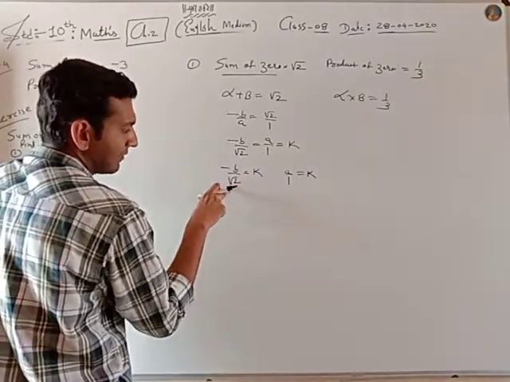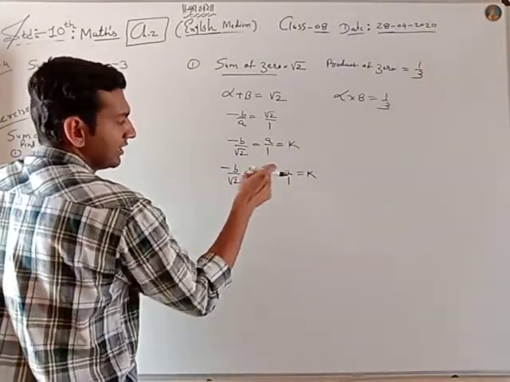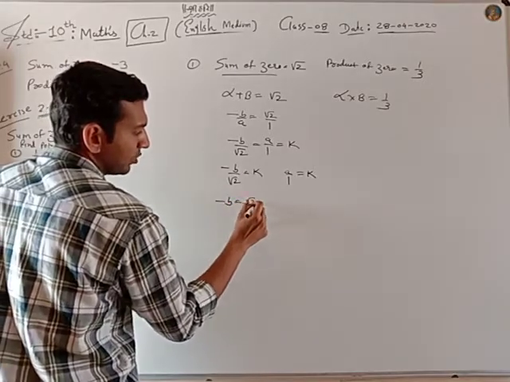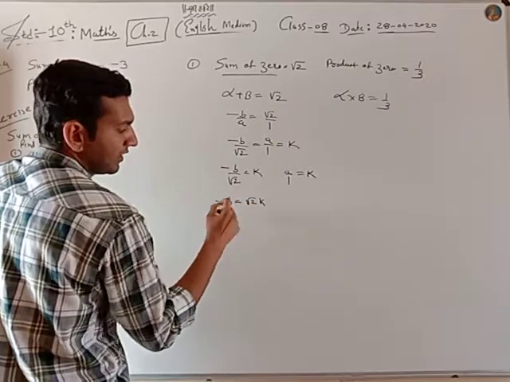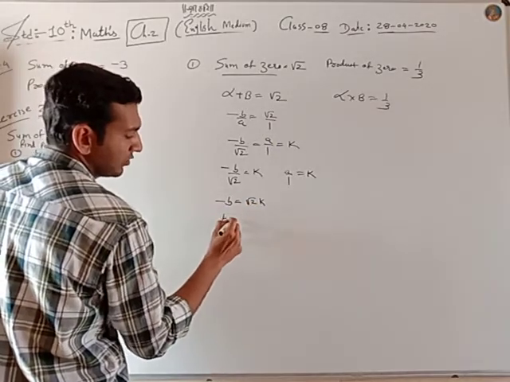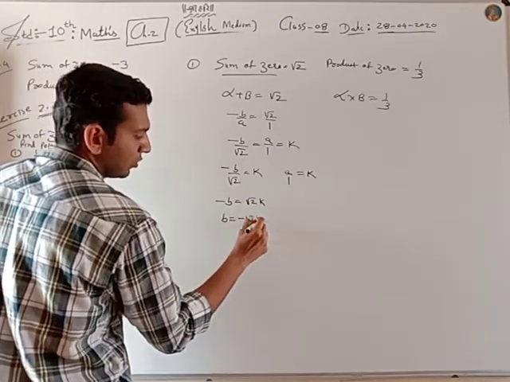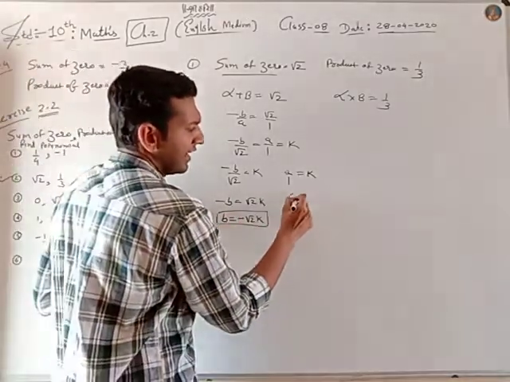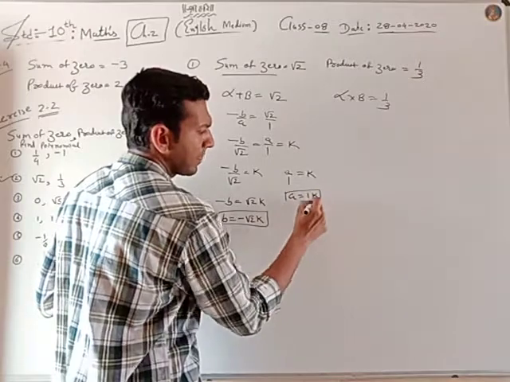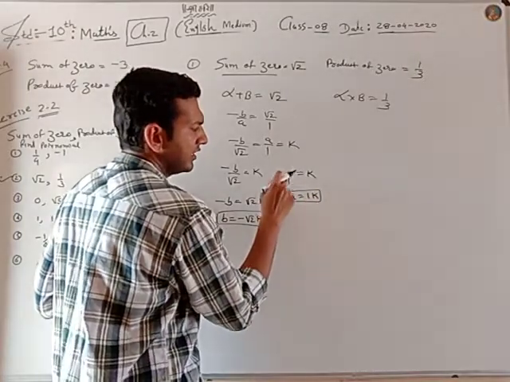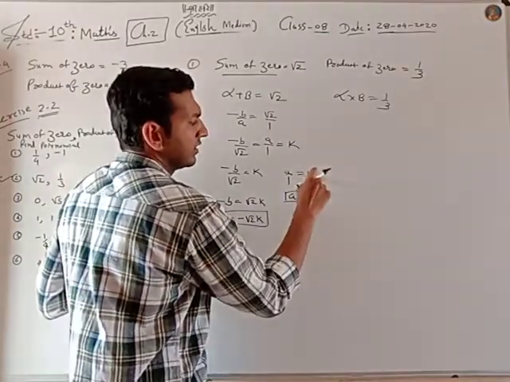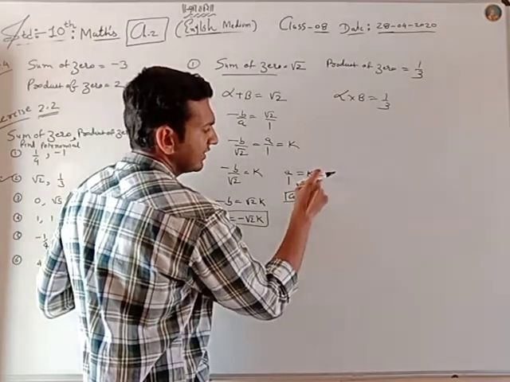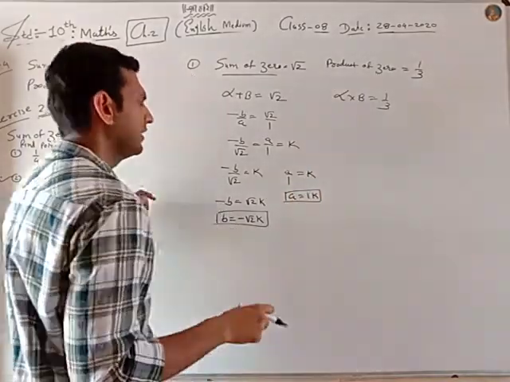So minus 1 is in the numerator, it goes on the right side. So root 2 into k, multiplying by minus, you get b is equal to root 2k. Now a is equal to 1k, 1 is in the denominator, so it goes to that side in multiplication, so 1 into k.